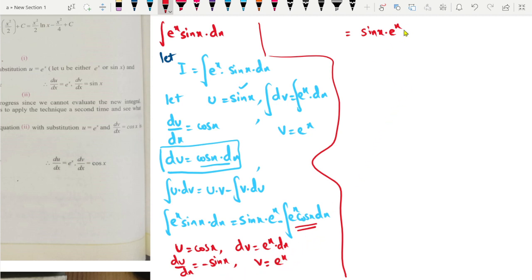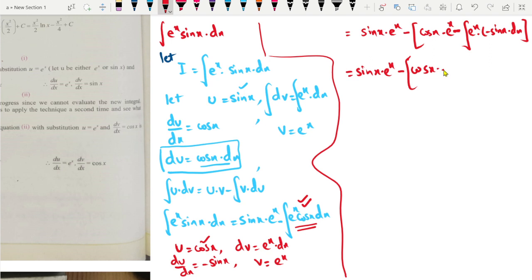So putting the values, sine of x times e^x minus, and again here we use integration by parts, u times v, where u is equal to cos of x and v is equal to e^x, minus the integral of v du, and du is equal to minus sine of x dx.